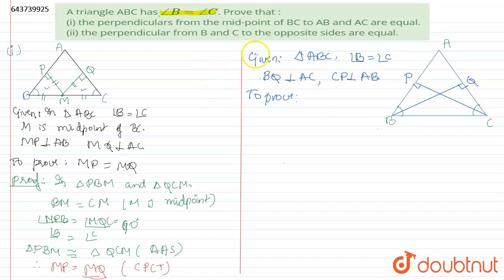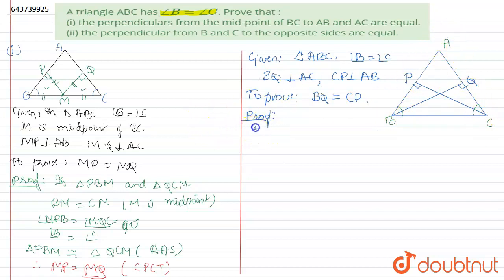Perpendiculars from B and C to the opposite sides are equal. So here BQ is equal to CP. We must prove this. Now proof. Since angle B is equal to angle C, we can take AB equal to AC here.